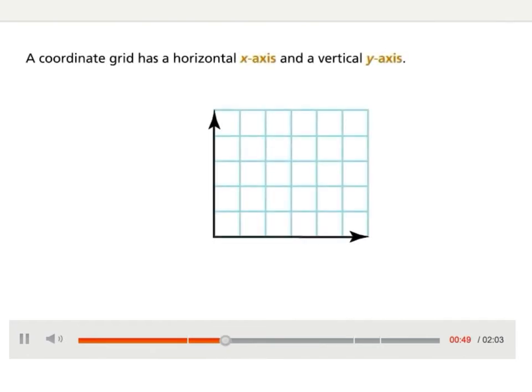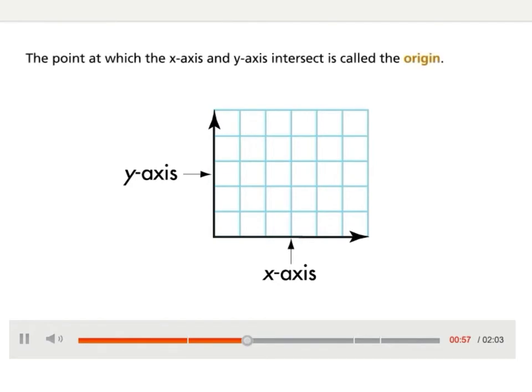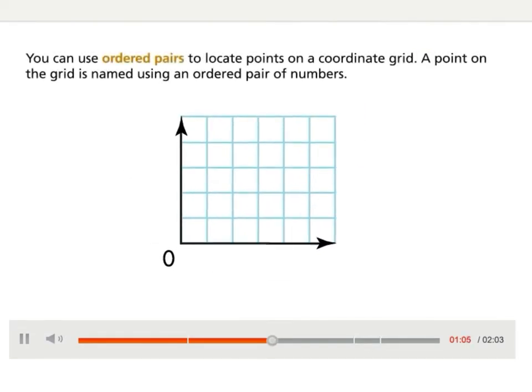A coordinate grid has a horizontal x-axis and a vertical y-axis. The point at which the x-axis and y-axis intersect is called the origin. You can use ordered pairs to locate points on a coordinate grid.